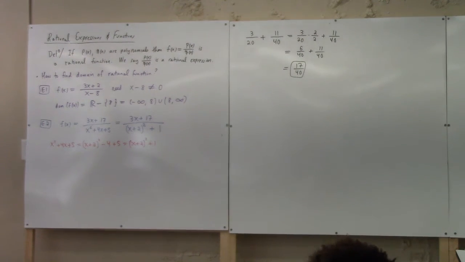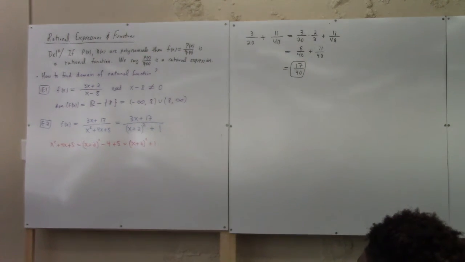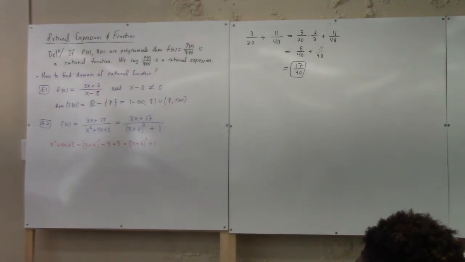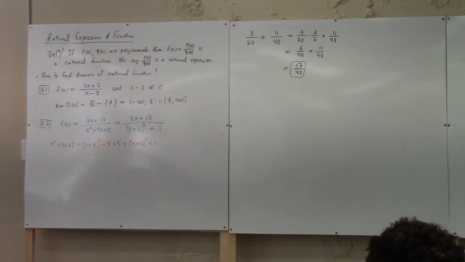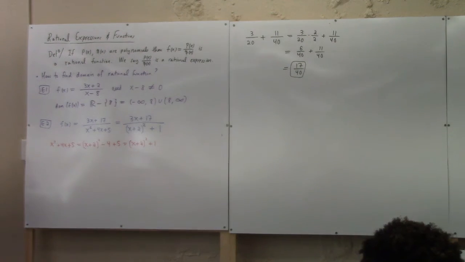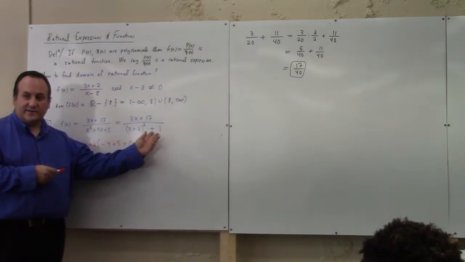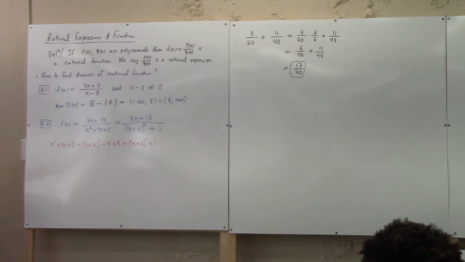Now, why would I do that? I'm doing that so you can answer the question, is the denominator ever 0? Why not? What's the smallest the denominator can be? This 1, you can't get rid of that. Always this plus 1, right? X plus 2, well, the smallest that could be is 0, right? When x equals minus 2, that's 0. So if you think through it, the denominator is at least 1. It's never 0.